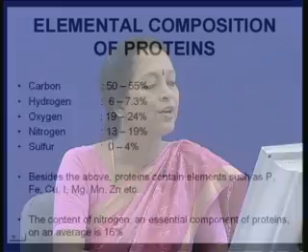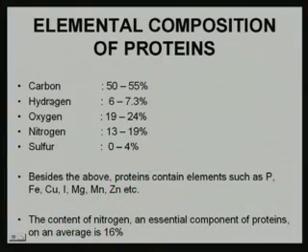Now in my earlier lecture, I told you that there are certain elements which constitute these macromolecular structures, and carbon, hydrogen, oxygen, nitrogen and sulfur are the basic constituents of the protein molecule.